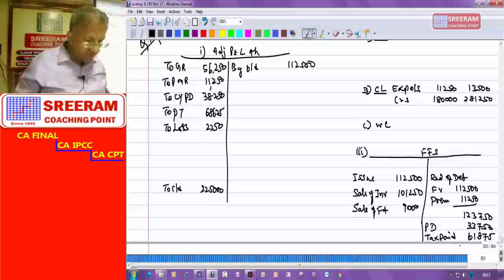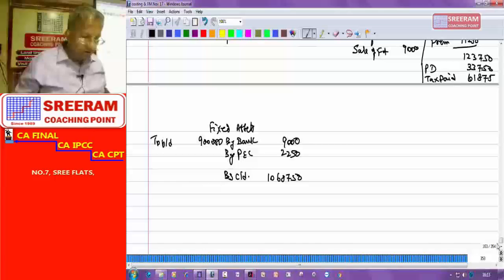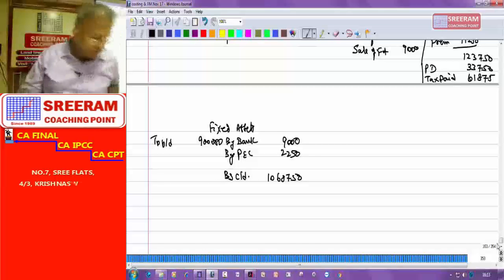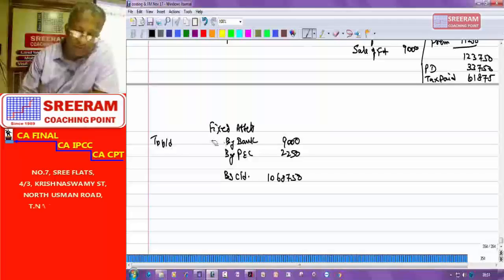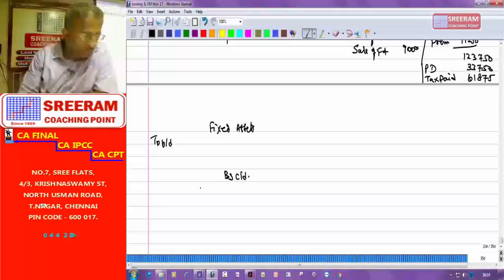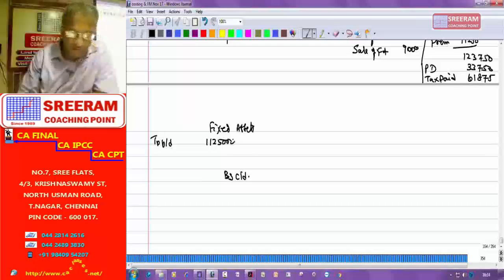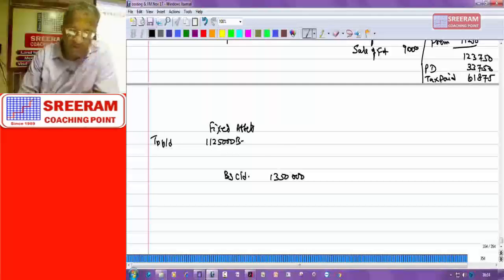See, they have just given something about accumulated depreciation. So I would like to take this up at cost. For explanation purposes I find the cost information will be of great help. 11,25,000, 13,50,000 by fixed asset disposal account.